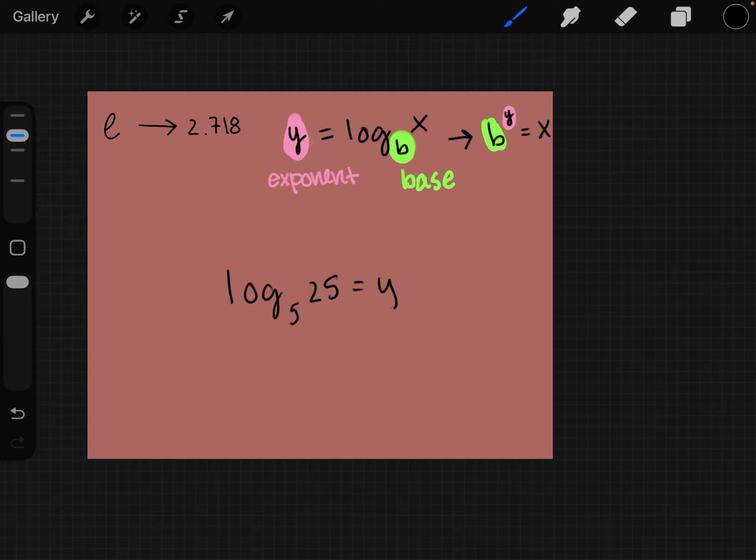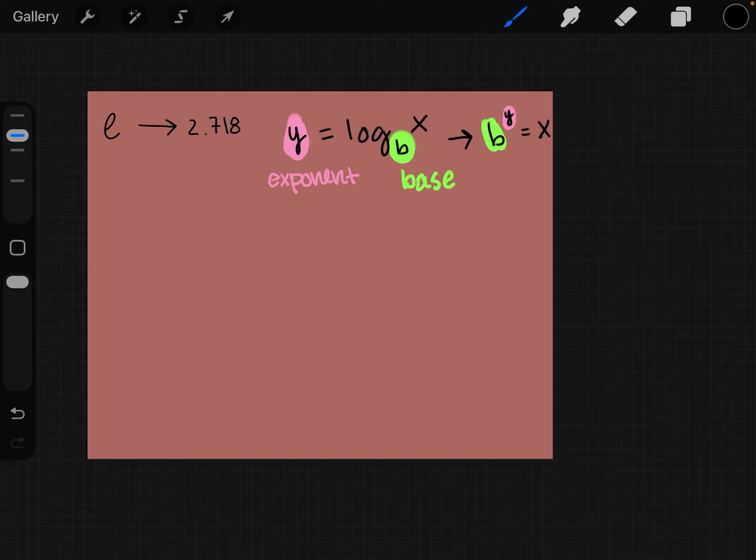But we will not be fooled. Base, 5. Exponent, y. All that's left, 25. And by looking at this, we should know that y is equal to 2. But that's not what we're doing. We're not solving. We're just rewriting this in exponential form.